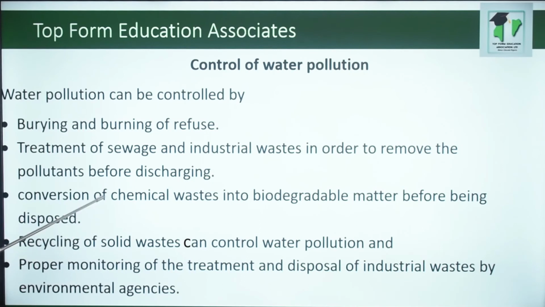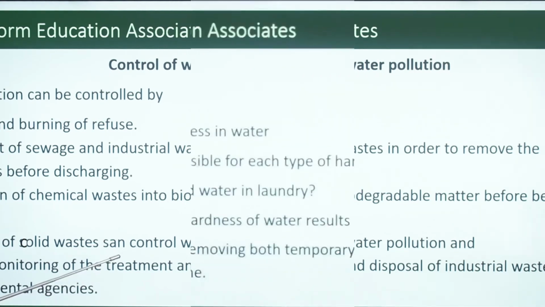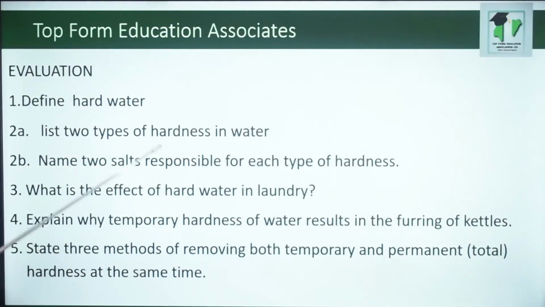We can also convert chemical waste into biodegradable matter before being disposed. Recycling of solid waste can control water pollution, and proper monitoring of the treatment and disposal of industrial waste by environmental agencies.